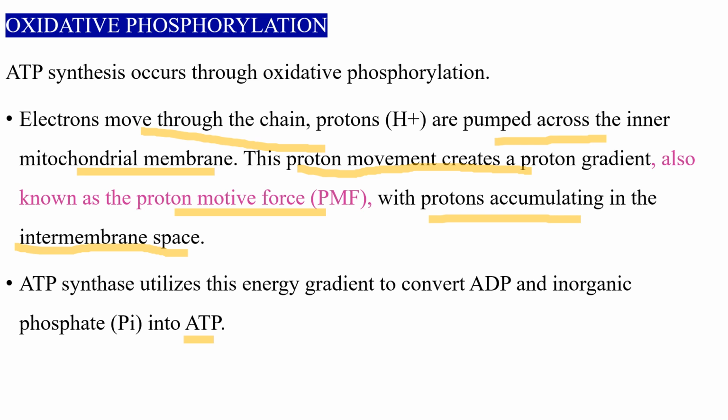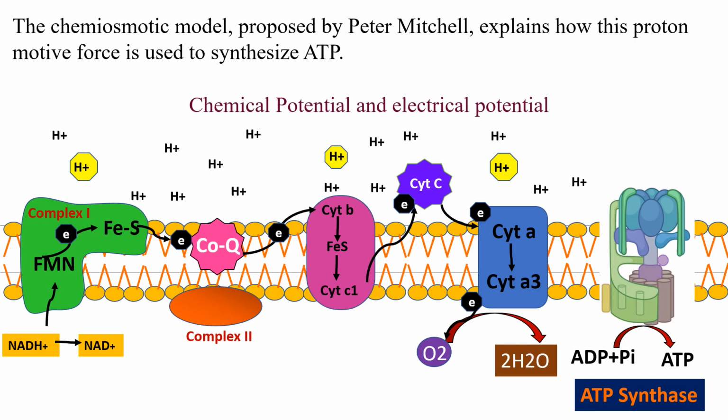To describe this proton motive force and how ATP synthase forms ATP, there is a theory known as the chemiosmotic theory, proposed by Peter Mitchell, which explains how this proton motive force is utilized to synthesize ATP. There are a lot of protons in the intermembrane space, generated by the electron transport chain, and this creates chemical potential and electrical potential.